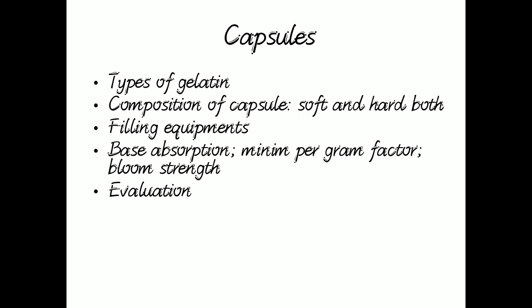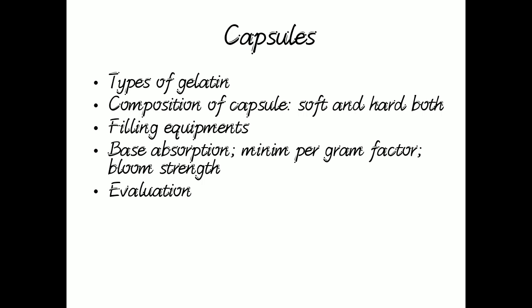So the quantity of plasticizer will decide the softness or hardness of the gelatin. Okay, if plasticizer is used in high proportion, it will make it softer. The most frequently used plasticizers are glycerol, sucrose, acacia, propylene glycol, sorbitol.